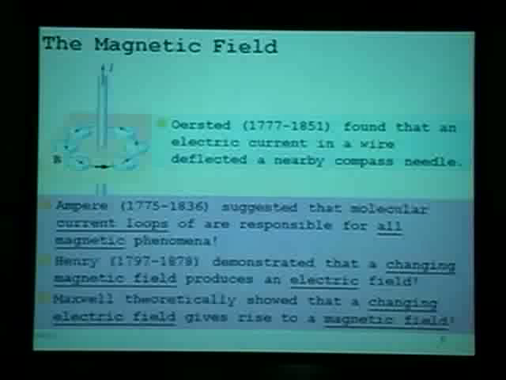He came up with all the electromagnetic theory in one class. If you change the magnetic field, you get an electric field. We're going to use that to our advantage because that would be the basis of power generation. That's how we're going to get electricity: by changing the magnetic field.